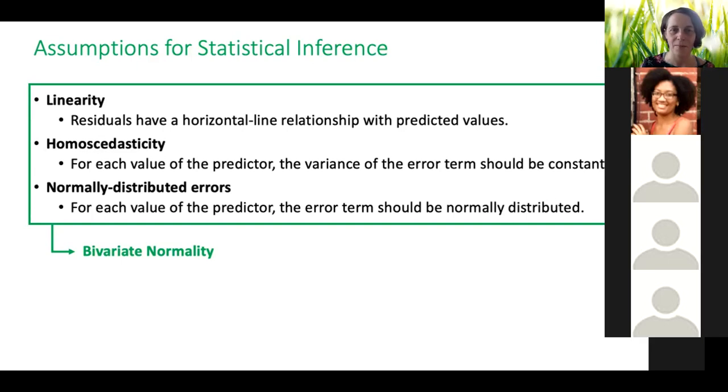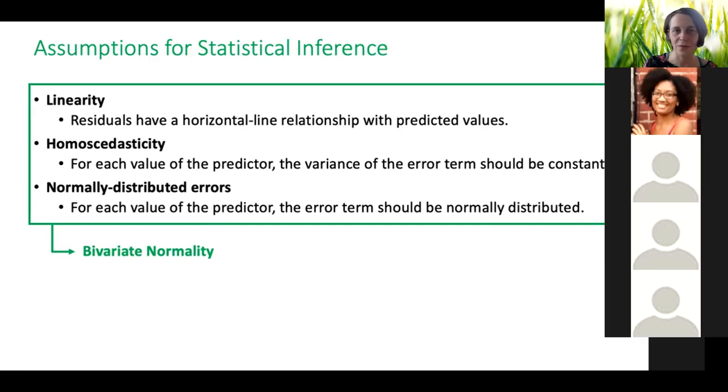Again, we will demonstrate that later. You can easily test that by plotting the residuals against your predicted values, and then you shouldn't see anything but a horizontal line, right? So there shouldn't be any trend in the data.